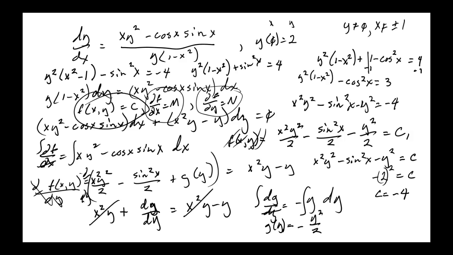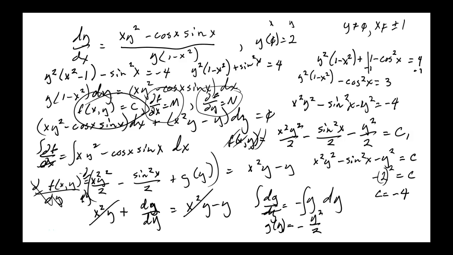It's what was in the book. That's what the book got, right? Yeah. We didn't do it wrong. No. What we did was change the sine squared x to 1 minus cosine squared. So then we had y squared times 1 minus x squared, and the plus 1 is to subtract from both sides.